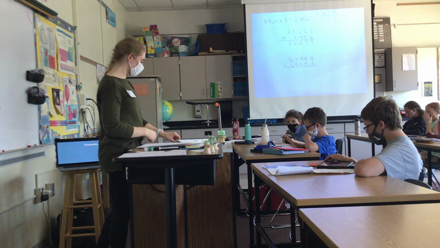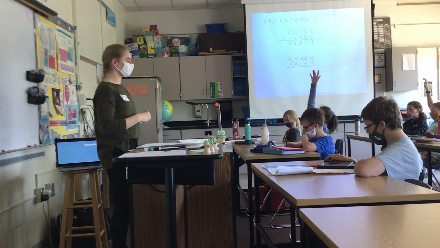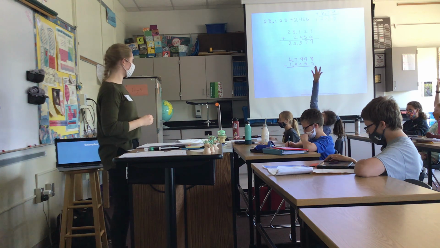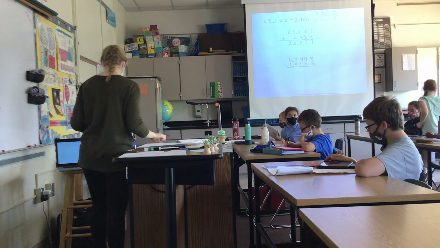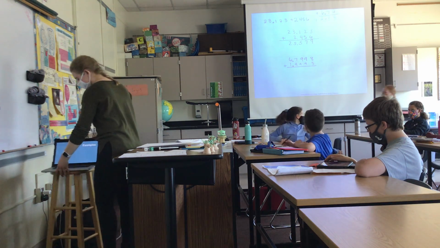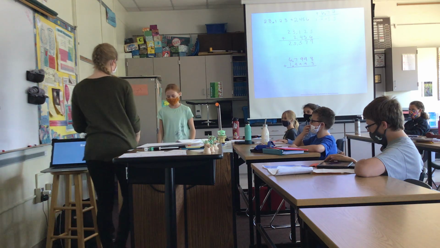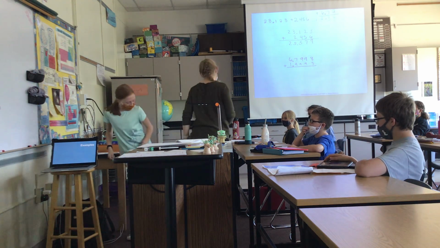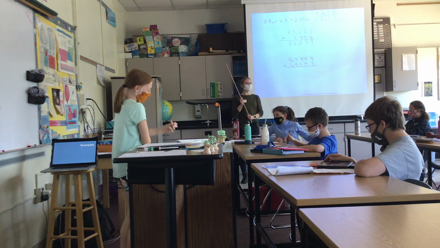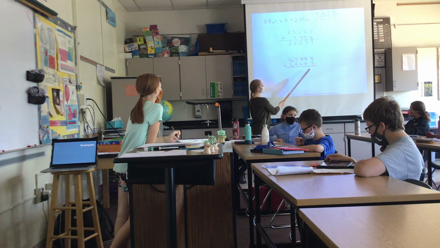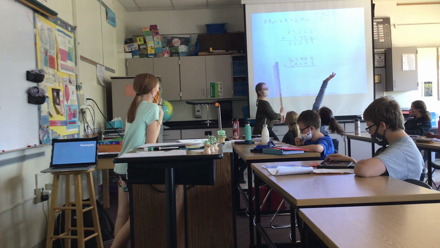And who wants to show us how to do 6 point blah blah blah? Claire. You can come up here and write it. Just don't knock down my computer. Okay, where is Claire gonna start?